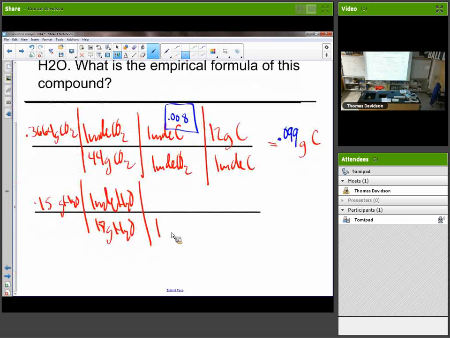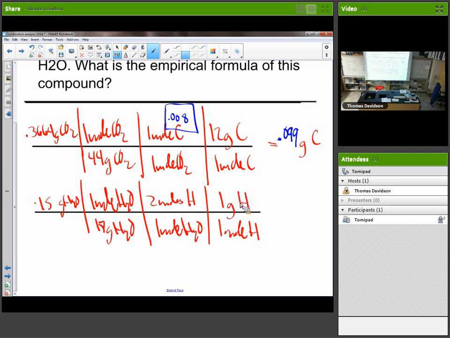For every 1 mole H2O, I have 2 moles of H. And for every 1 mole H, I have 1 gram of H. This is an 18 right here. Is that what you're saying? 0.18. 1 what?